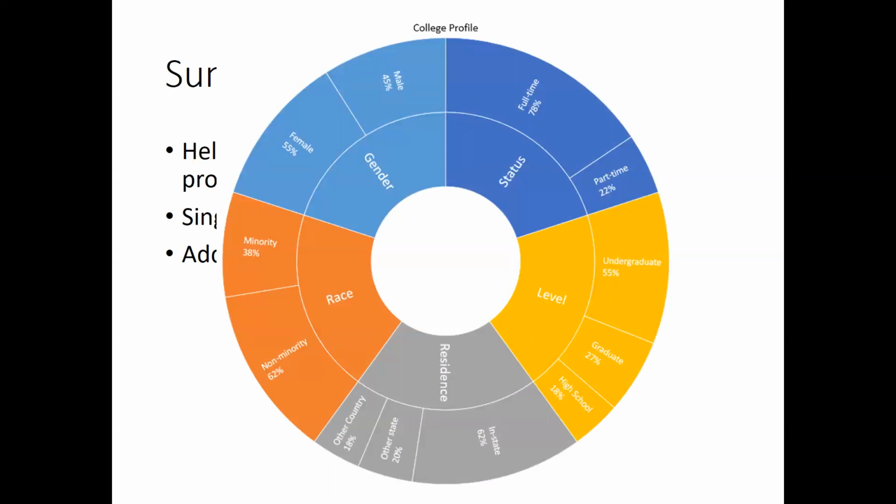So here, instead of having 1, 2, 3, 4, 5 pie charts, I see status and I go right to it. I see level and I go right to it. Residence, race, and gender. I like it visually.